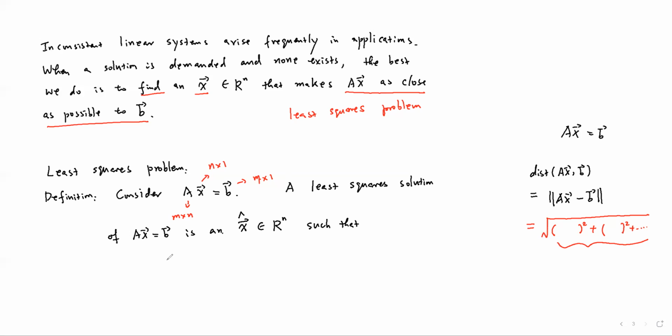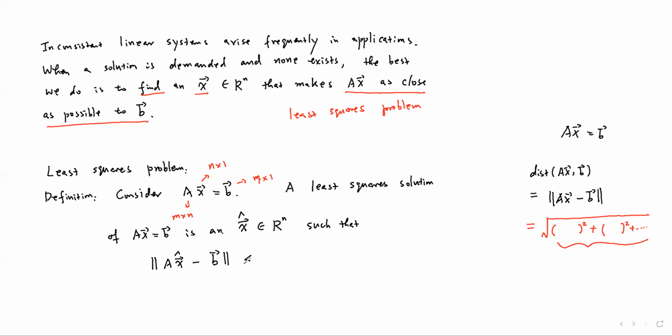Such that the length of A times x hat minus b, the distance between left-hand side and right side, is the smallest distance.